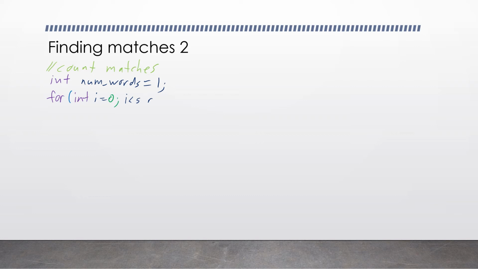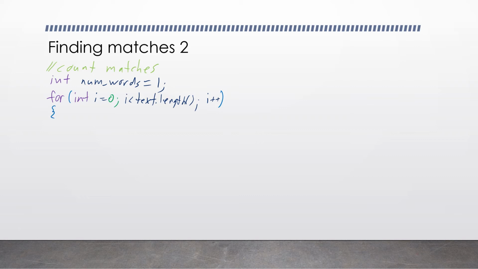Okay, or maybe we'll call it text. How about that? Text dot length. Okay. And each time through the loop, we'll i++ to get one step ahead in the loop. Okay.